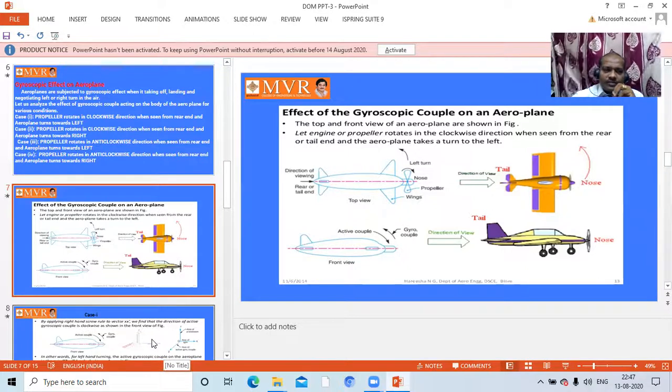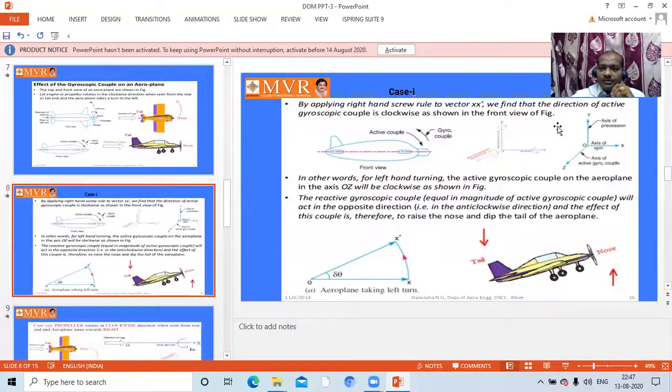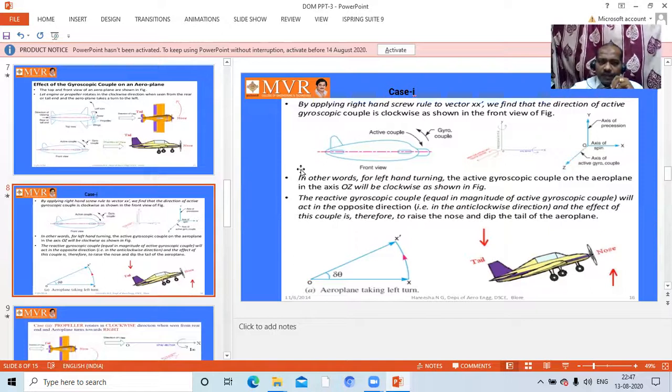Let us go for the first case. What is the first case? Propeller rotates in clockwise direction when seen from the rear end and aeroplane turns towards the left. So let us have a glance at this one. By applying the right hand screw rule, which I already told in the beginning of the session, in whichever direction the object is rotating, in that way we fold our hand and raise our thumb.